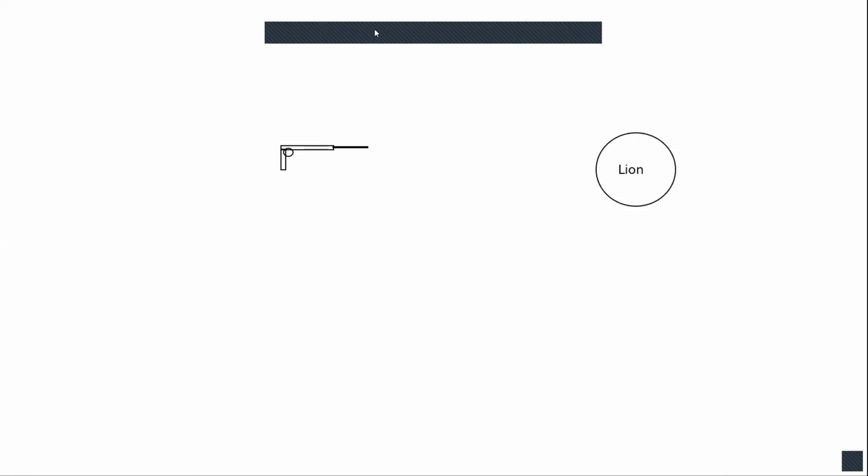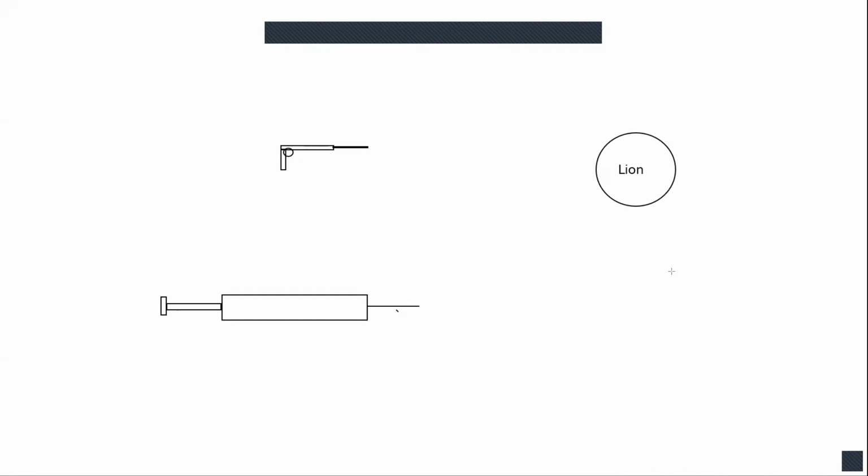I'm really very bad at drawing, but I'm just trying. Imagine this is a syringe.